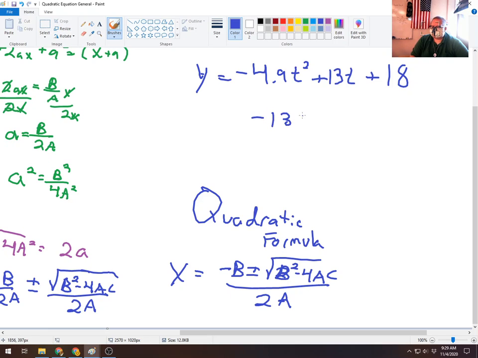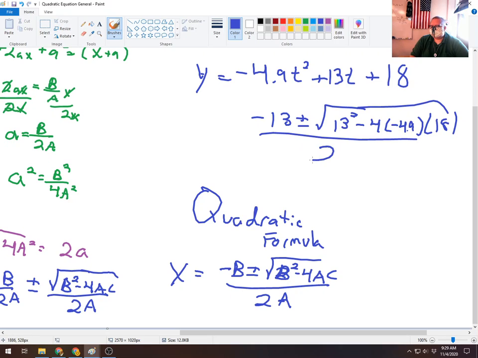And I have negative 13 plus or minus the square root of 13 squared minus 4 times negative 4.9 times 18, right? So we can take those coefficients, and it's going to be ugly still, but we can use a calculator to figure this out. So the quadratic formula is quite powerful. It allows us to solve quadratic equations very quickly by simply picking out those coefficients.